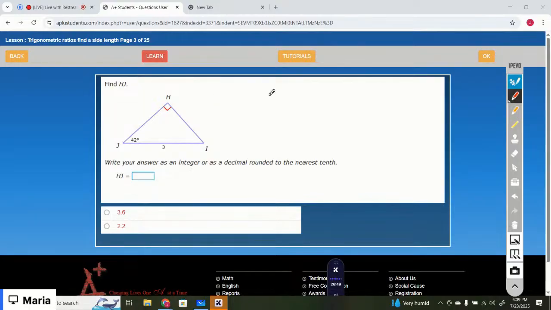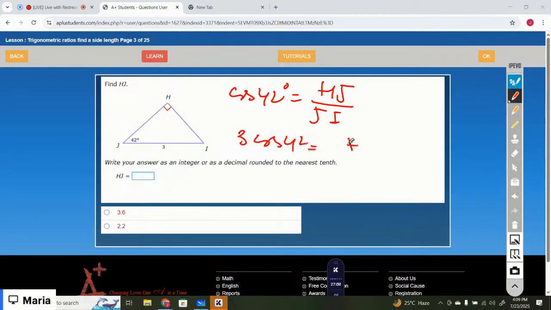No, that would be cos 42. Cos 42 equals HJ divided by JI, which is 3. That would be 3 cos 42 equals HJ. So cos 42 is 0.999.